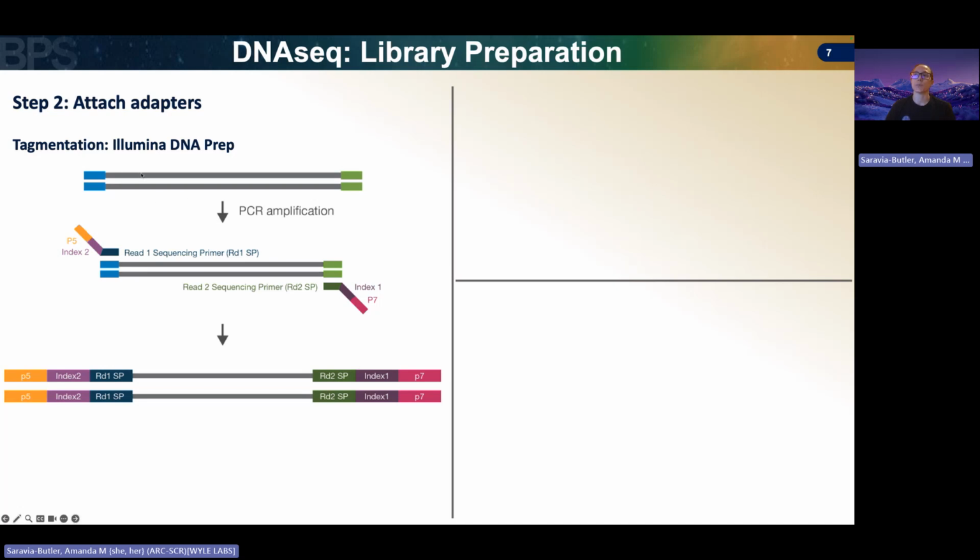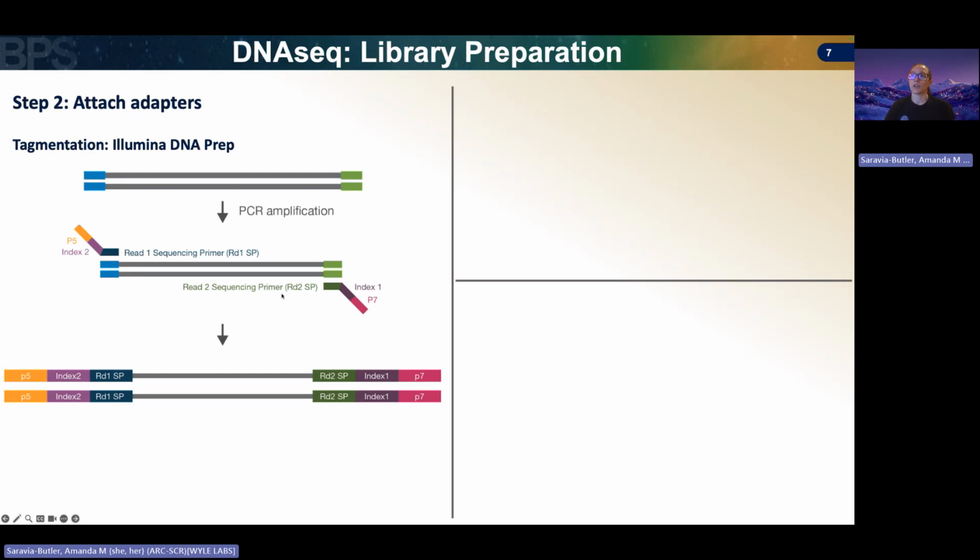In this step, we take advantage of these known sequencing primer regions to create primers that also include, flanking it, an index sequence on either side if you're doing dual indexes, and this P5 or P7 sequence, which again will allow us to bind to the flow cell in order to sequence our unknown DNA template.